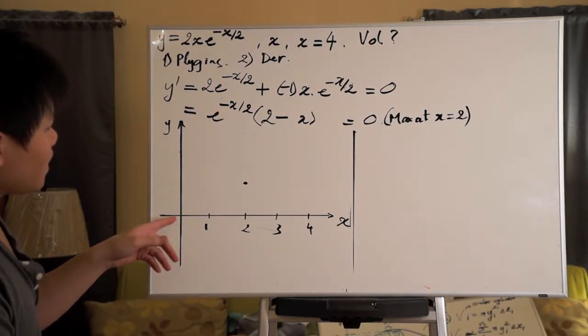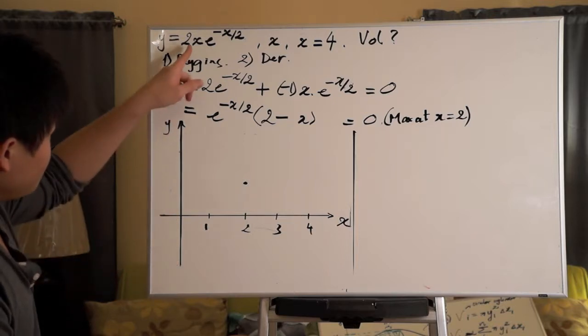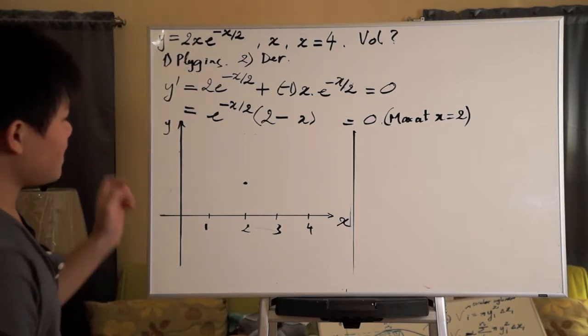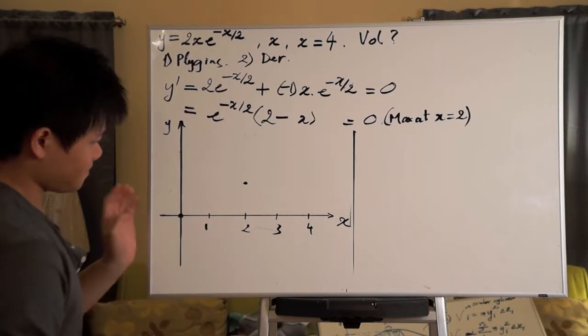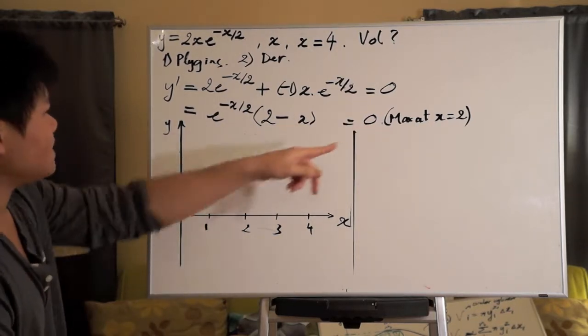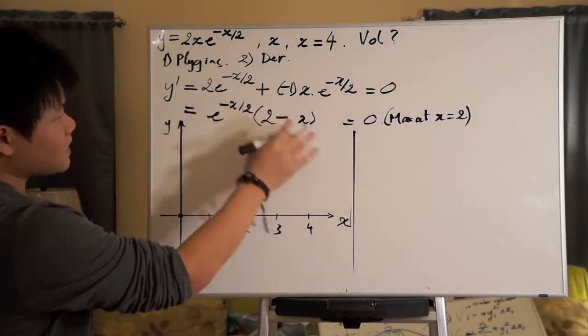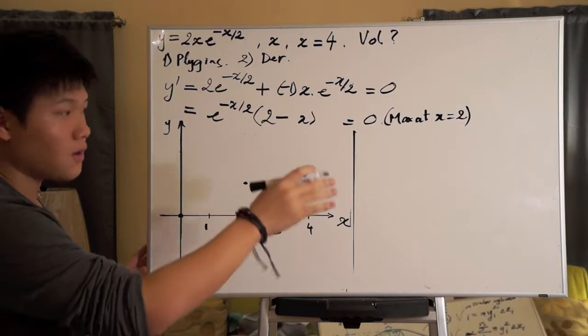So we can go ahead and start at the first point, x equal to 0. We plug in here and y equals 0. The maximum that we proved is at x equal to 2, and at 4 it is going to keep decreasing, as x is greater than 2.